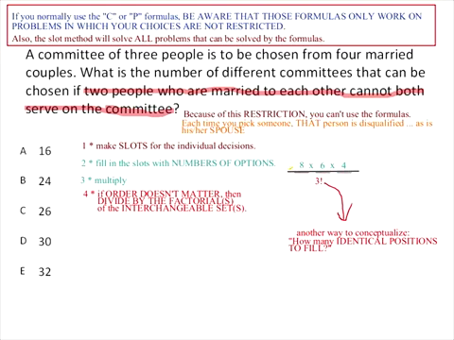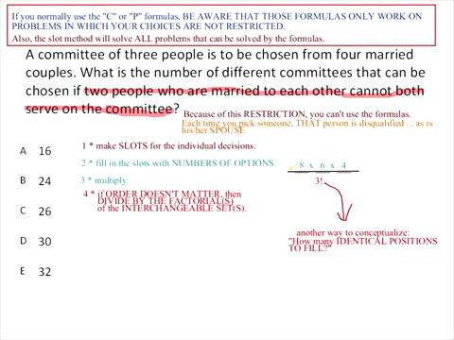Same sort of thing. If you think about this as a committee, this is an even more powerful way to pose the question, because the spots on the committee are identical to each other. Whereas if you had something like president, vice president, secretary, and so on, they wouldn't be.